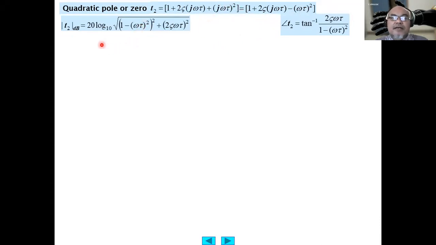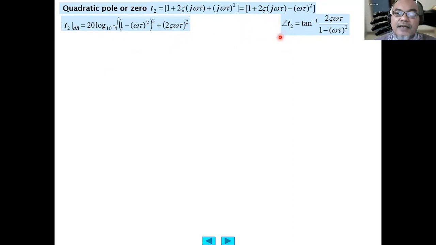So the magnitude will be 20 log of the square root of the real part, 1 minus omega tau squared, being squared, plus the square of the imaginary part, 2 zeta omega tau squared, and the square root of that. So this becomes the magnitude of the quadratic pole or zero.